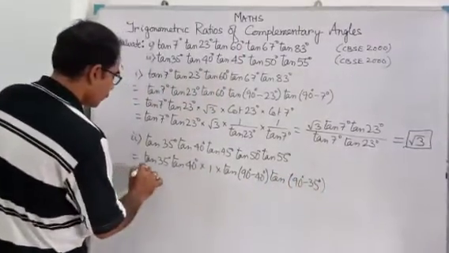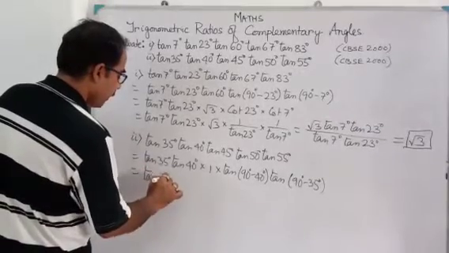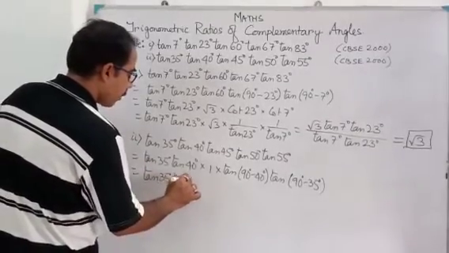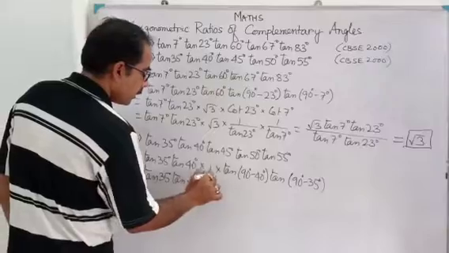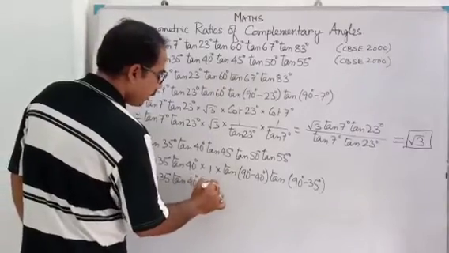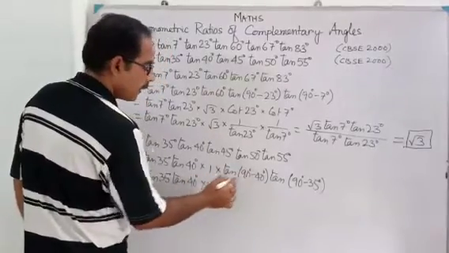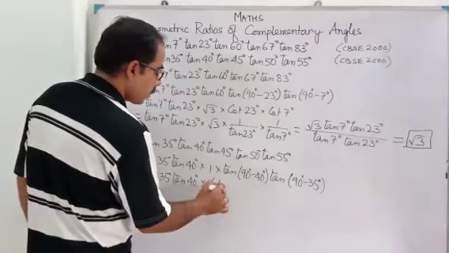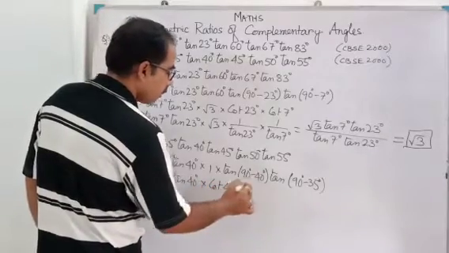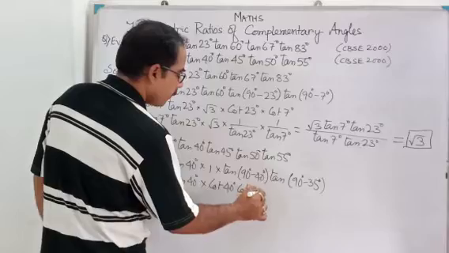Correct? So ultimately you are getting tan 35 degree, tan 40 degree, multiplied by tan 90 minus 40, which means cot 40 degree, and here also cot 35 degree.